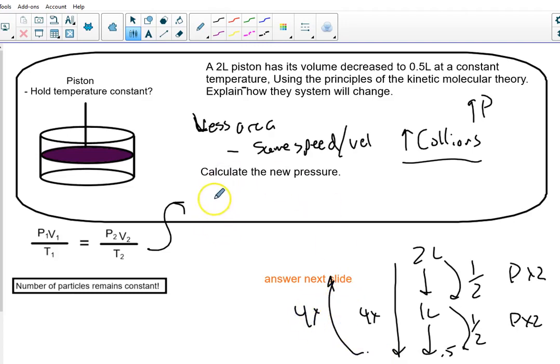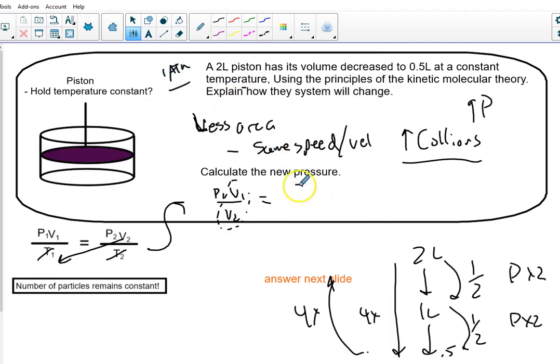Let's try it. I'm going to take temperature out because temperature is maintained constant. This guy is going to move down below. So P1 V1 over V2. Notice the ratio of just the volumes here. Pressure 1 says a 2-liter container at constant temperature. It doesn't give the pressure here, sadly, so let's go with 1 atmosphere.